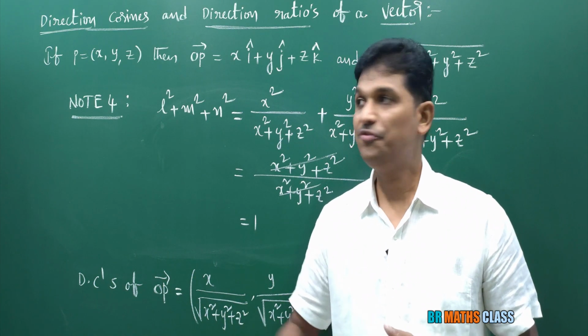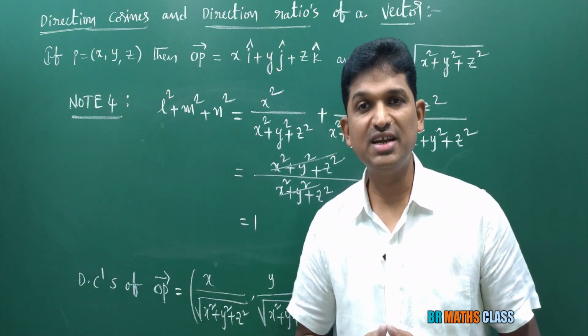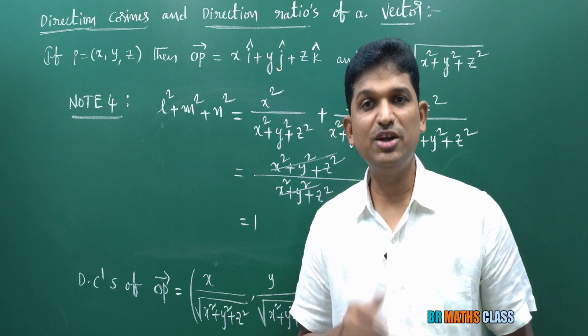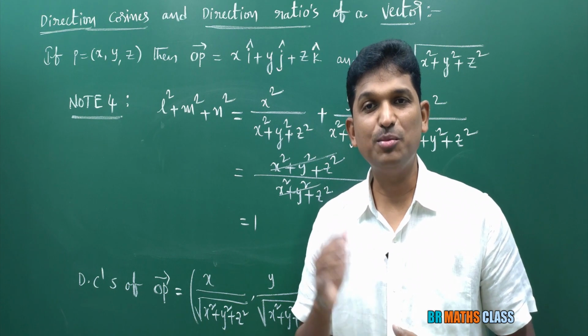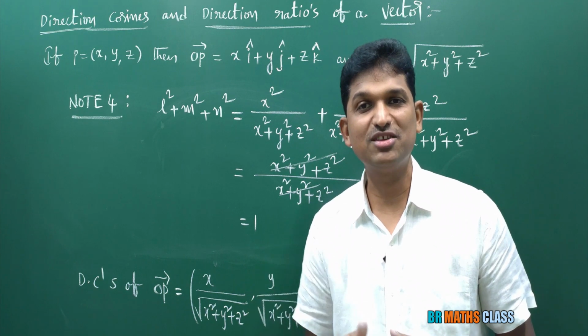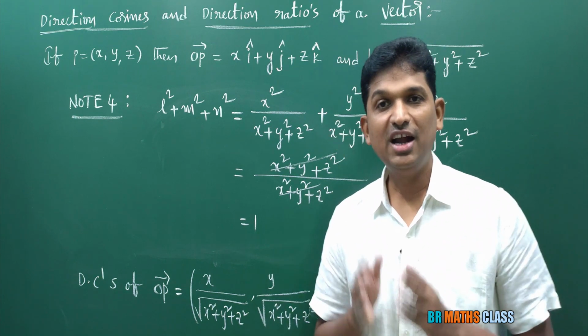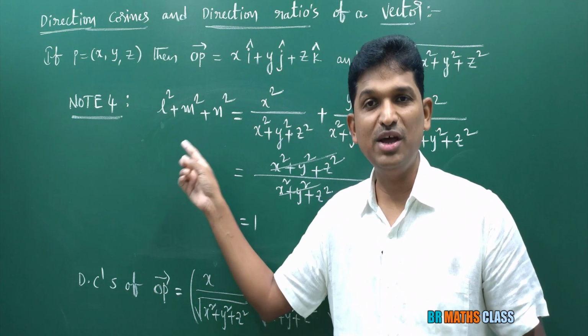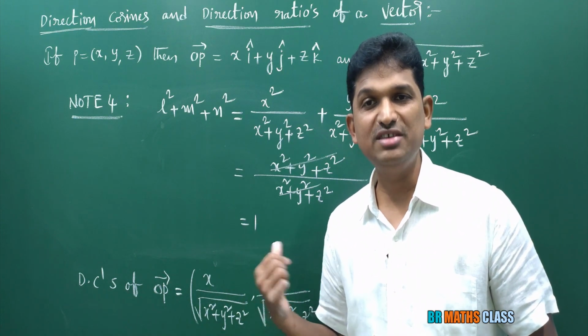Third, if P equal to x comma y comma z, then direction cosines of the vector OP bar are x divided by root over x square plus y square plus z square, comma y divided by root over x square plus y square plus z square, comma z divided by root over x square plus y square plus z square. And the fourth point is the relation between L, M, N: L square plus M square plus N square value is 1.